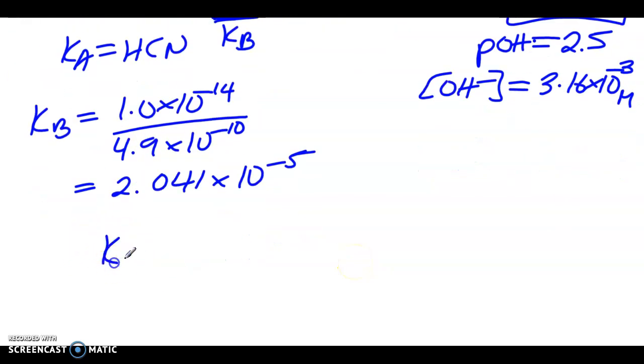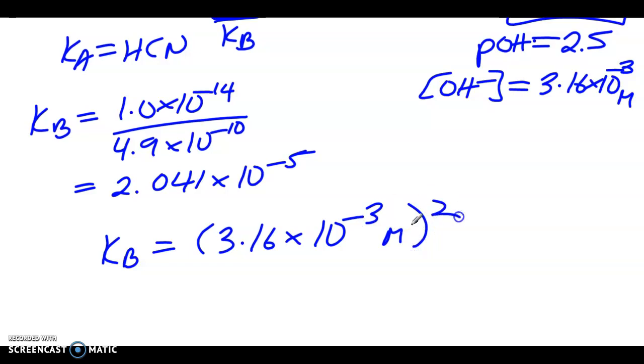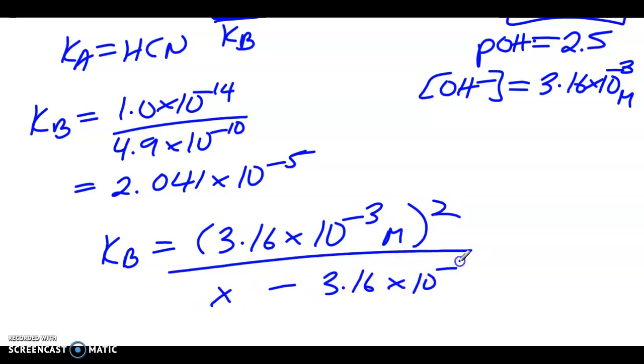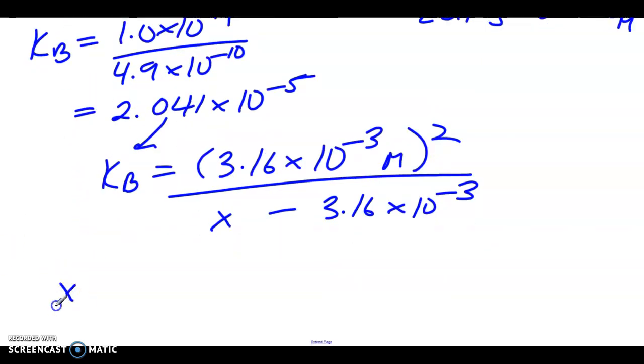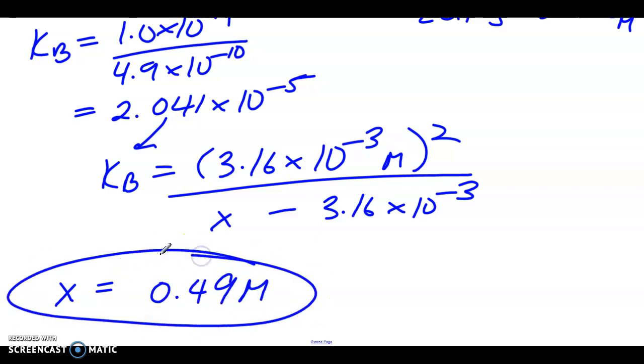We have our Kb equal to x squared over the initial concentration minus that, and of course we have our Kb. So our x value here, which is the concentration of our base, we need to 2 sig figs, I believe. Yes, 2 decimal points. So it's going to be 0.49 moles per liter.